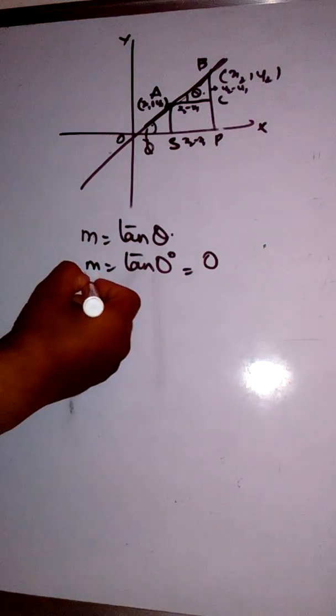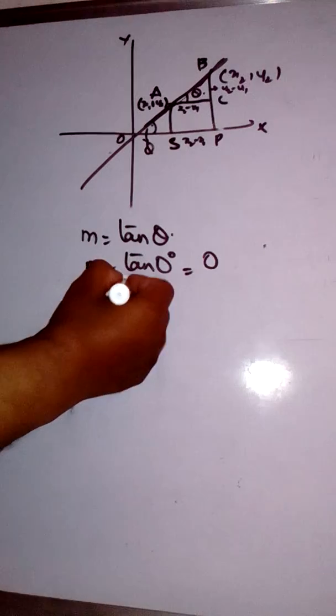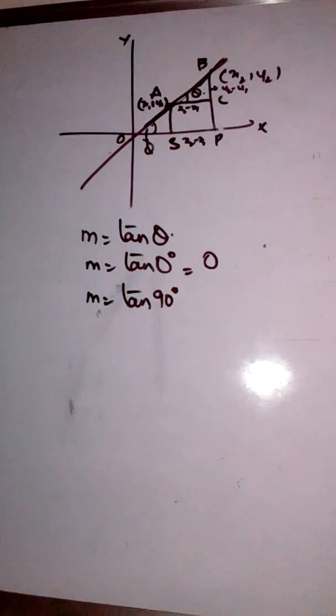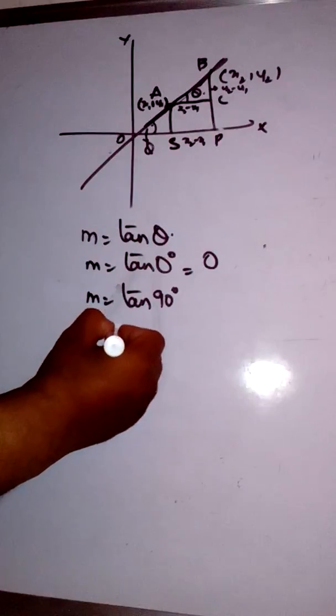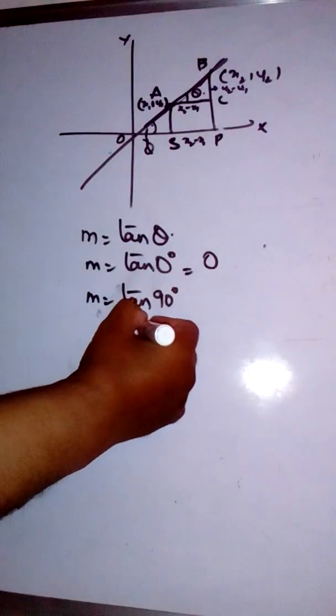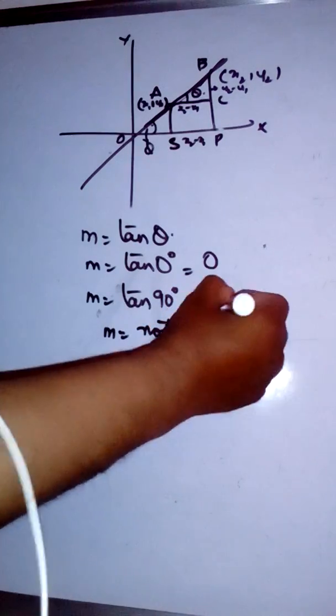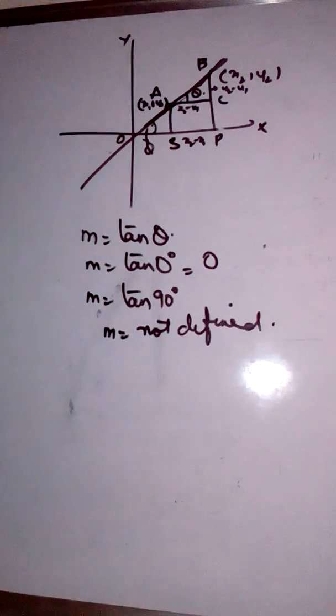And when we have a vertical line, m equals tan 90 degrees. Whenever we have a vertical line, it will be making 90 degrees with the x-axis. So that is why we can say m equals tan 90 degrees, not defined. So when a line is horizontal, slope is 0, and when the line is vertical, the slope is not defined.